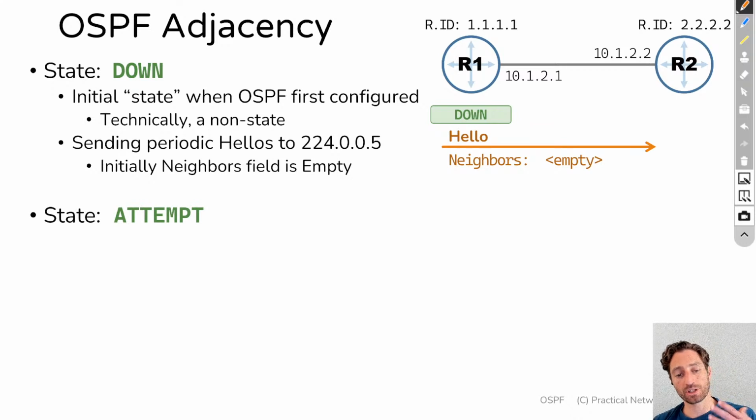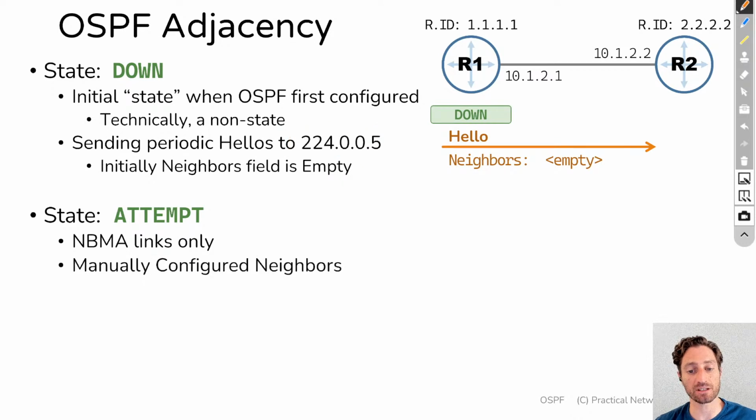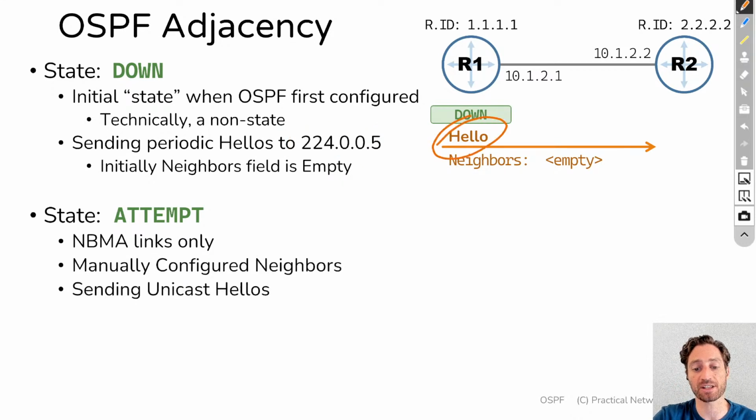Now, there's another state, the attempt state. You actually only see this on what's called non-broadcast multi-access links. Remember I told you on non-broadcast links, we can't send something to a multicast address. In those cases, you have to manually configure the neighbor, and the hello packets are sent unicast, meaning to the IP address that you have manually configured.